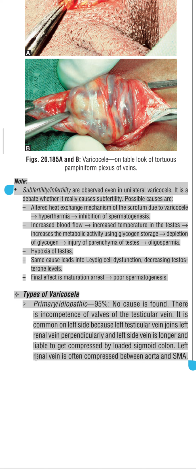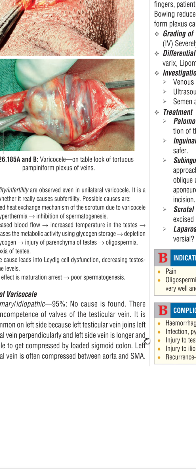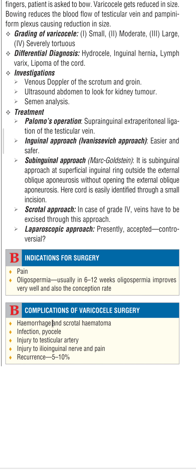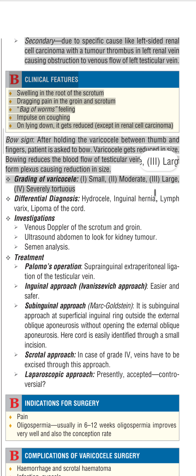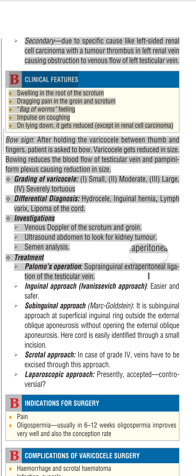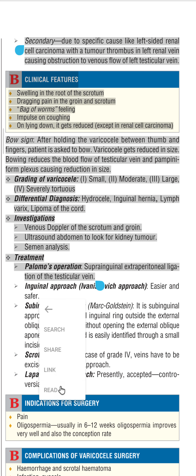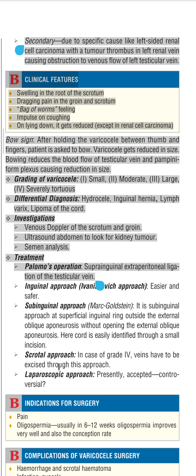The left renal vein is often compressed between the aorta and SMA. Secondary, due to a specific cause like left-sided renal cell carcinoma with a tumor thrombus in the left renal vein causing obstruction to venous flow of the left testicular vein.